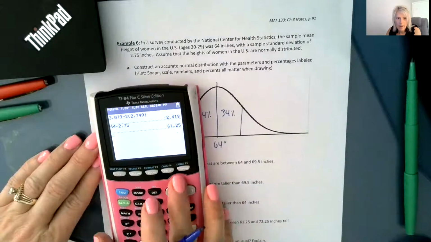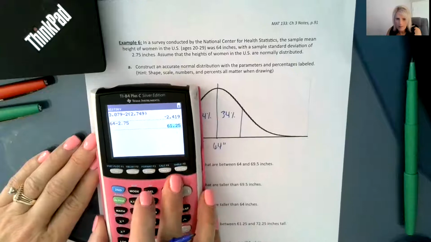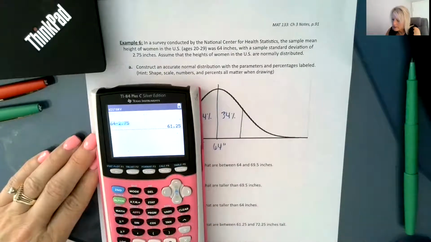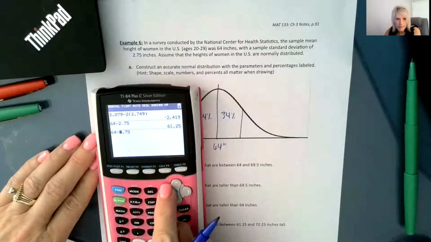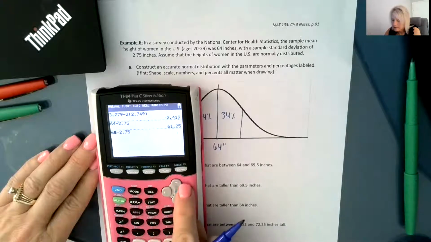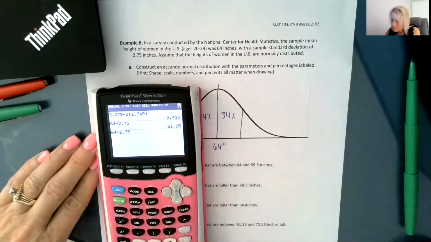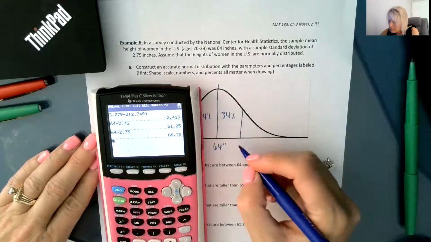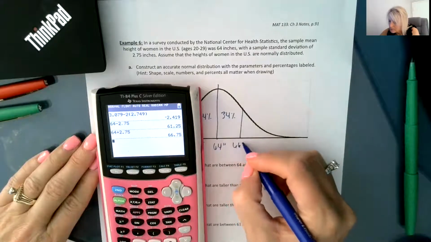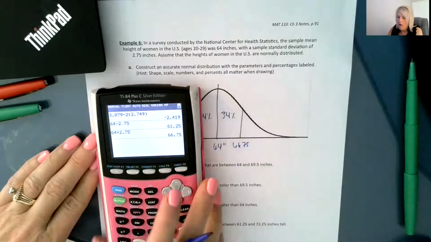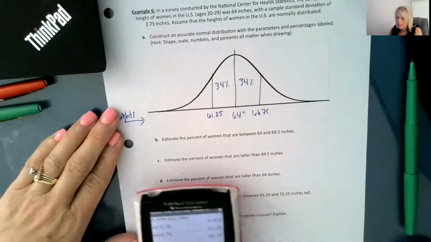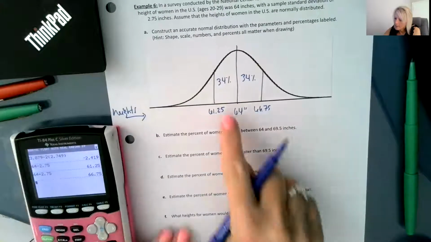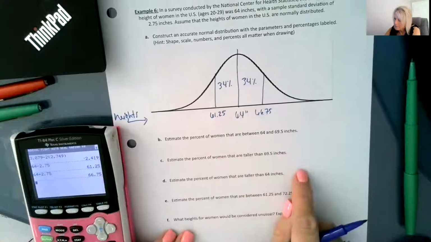And then you can arrow up and hit enter, and then you can go and edit and say, I want to know what 64 plus 2.75 is, and that's going to be 66.75. Okay, so 68% of our data should fall between those.